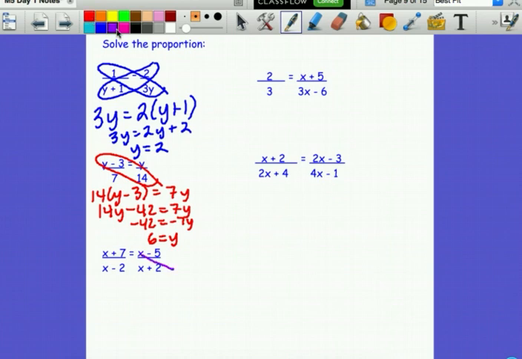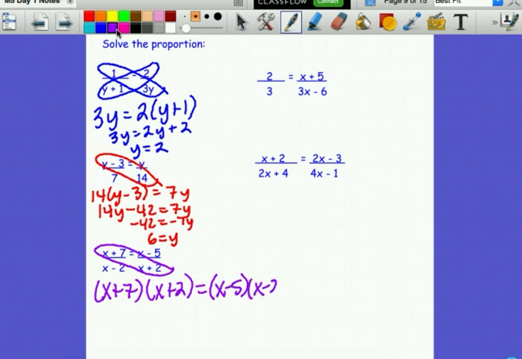So looking at the last one here, I've got x plus 7 times x plus 2 equals x minus 5 times x minus 2. So be careful here how you distribute. So I've got x squared plus 2x plus 7x plus 14 should equal x squared minus 2x minus 5x plus 10.